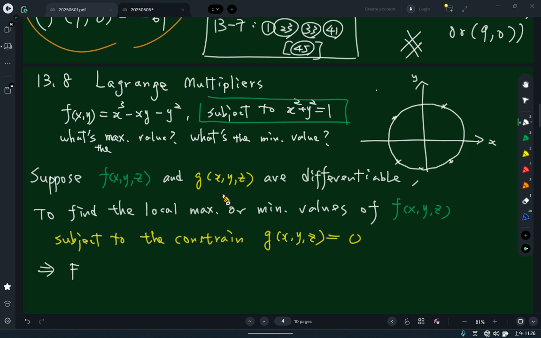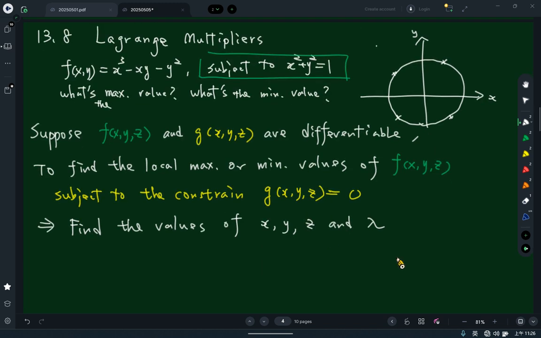Try to find the values of x, y, z and lambda. There is an additional variable lambda that can simultaneously satisfy gradient f is equal to lambda times gradient g.